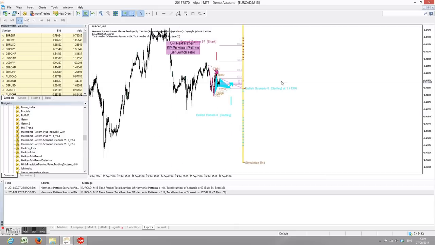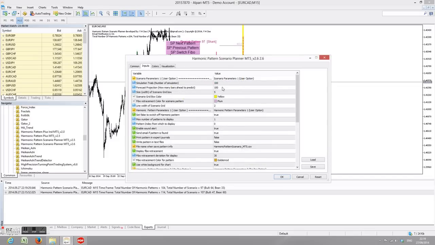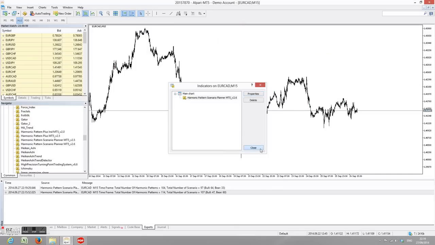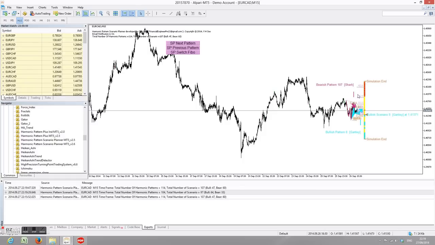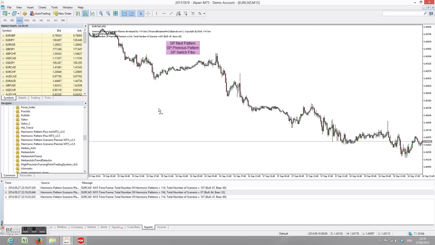So now you see the simulation box becomes far bigger than before. If you just move back to 30, then it will show you the smaller simulation box.